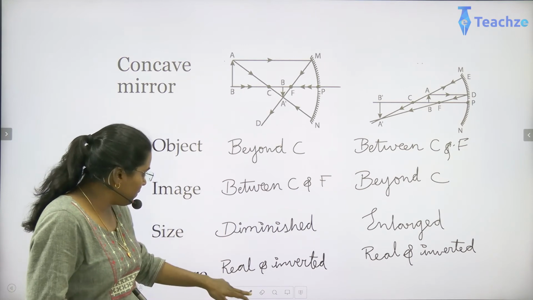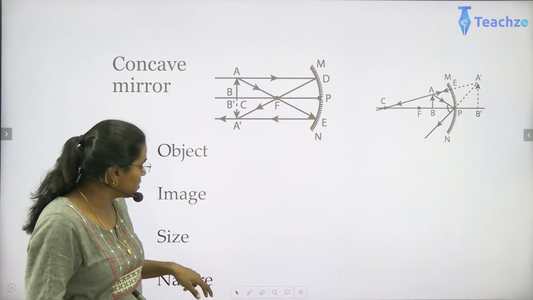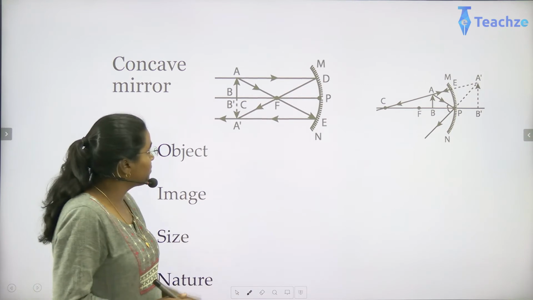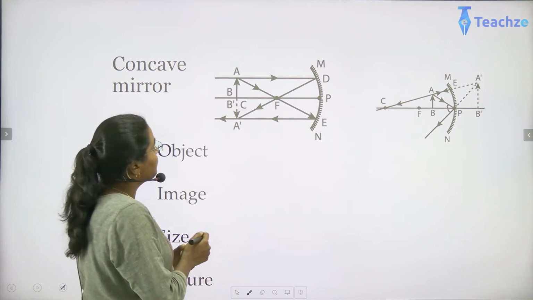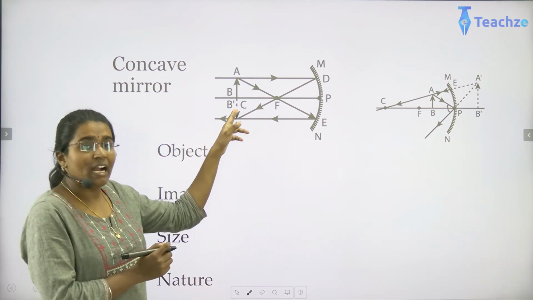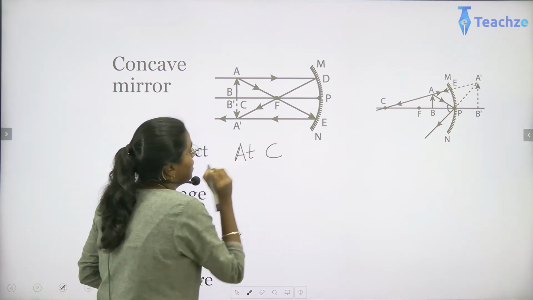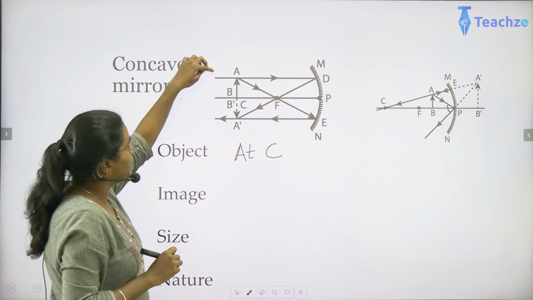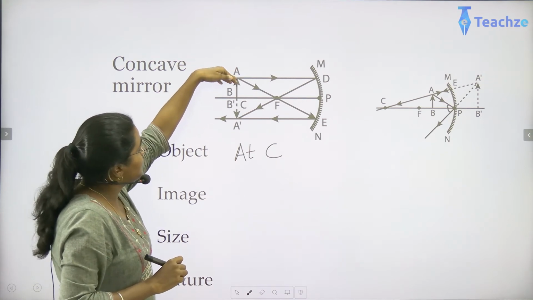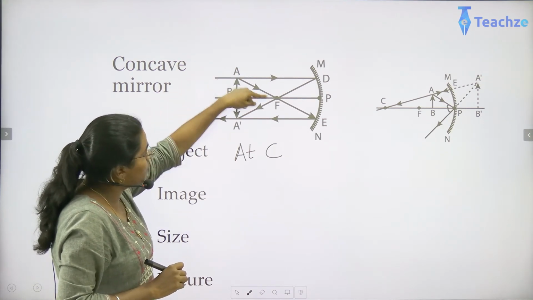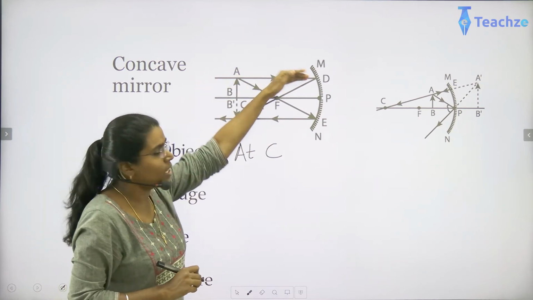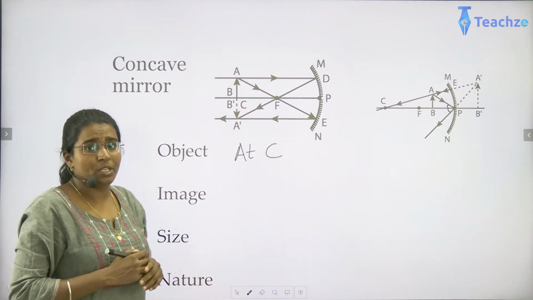So I keep my object between C and F, my image will be beyond C. Okay. We'll move on to the next case, fifth case. If you see, the object is at C. There are two rays, one through the focus itself and one parallel to the principal axis.